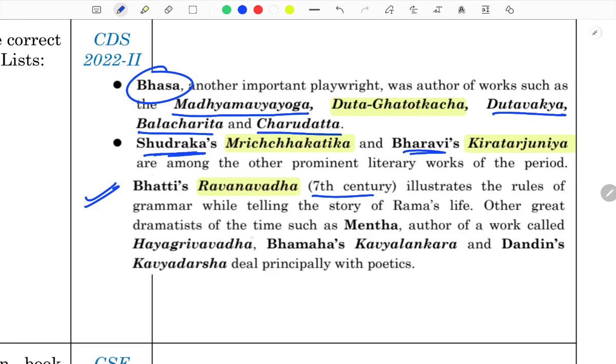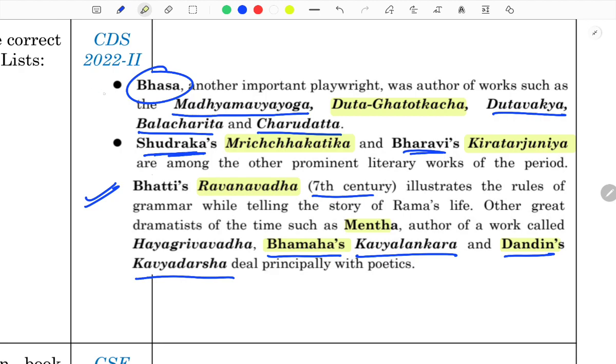Other great dramatists of this time, such as Mentha, author of the work called Hayagrivavadha, and Bhamaha's Kavyalankara and Dandin's Kavyadarsha, deal principally with poetics. So you should remember Mentha's work, Bhamaha's work and Dandin's work: Kavyadarsha, Kavyalankara, Hayagrivavadha.